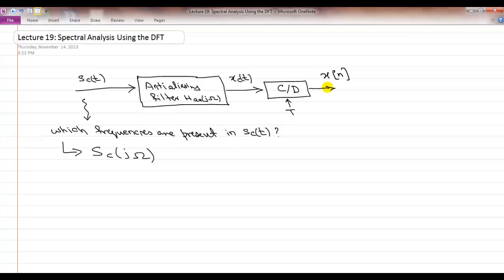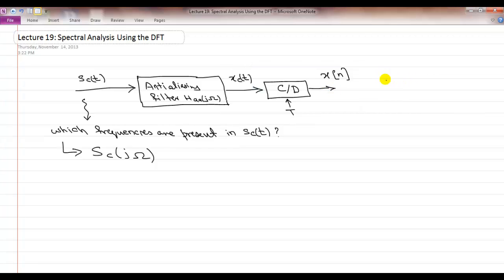Whether you stop by breaking the connection to the continuous world, you can equivalently say you are effectively stopping by sampling your signal and, after the sampling, retaining only some of the samples.